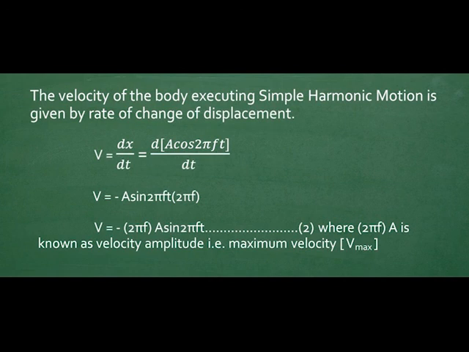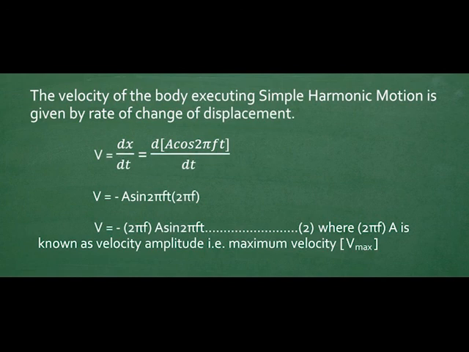Here we have the coefficient 2 pi f times a. That is what is known as velocity amplitude or maximum velocity. Please keep in mind we can either write it in words as maximum velocity or we can write it as Vmax. V stands for velocity and for maximum, as a short form we can use max.